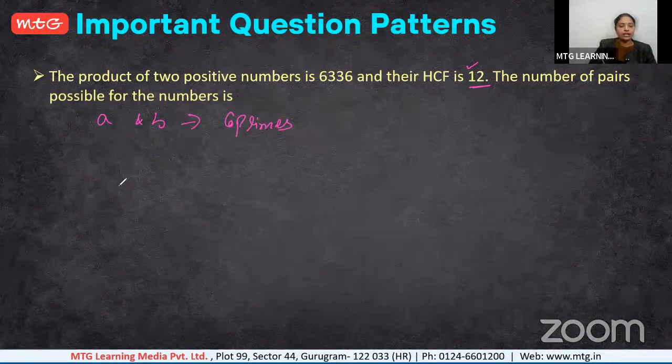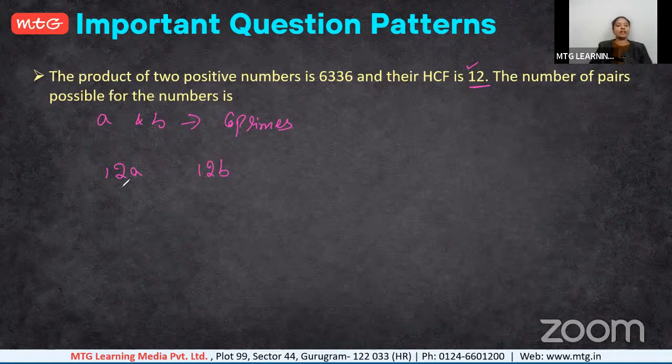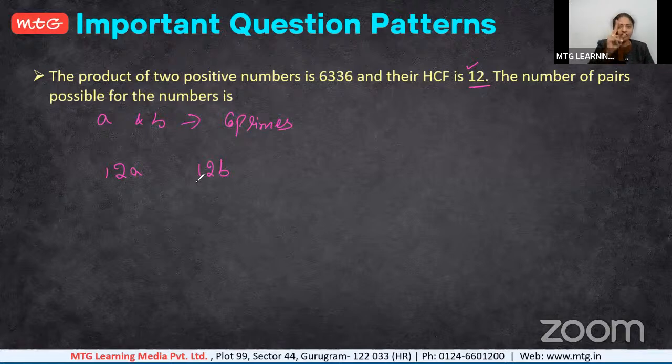Now, for this co-prime A, if I multiply 12, and for this B also, if I multiply 12, I'll get 2 numbers. Now I am having 2 numbers, which are 12A and 12B. These are the numbers whose HCF is 12.